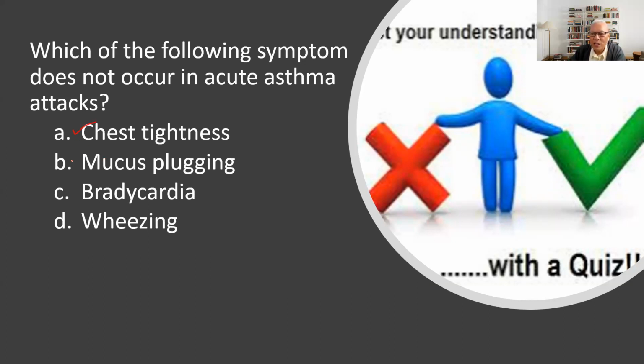Yes, obviously. Is there going to be overproduction of mucus, which sometimes would result in plugging of the mucus? Yes. Bradycardia is not, because tachycardia is the symptom that is associated with respiratory distress. And of course, wheezing occurs. So letter C is the correct response.